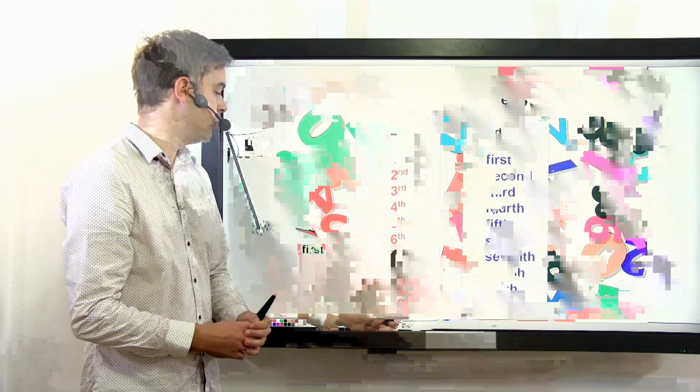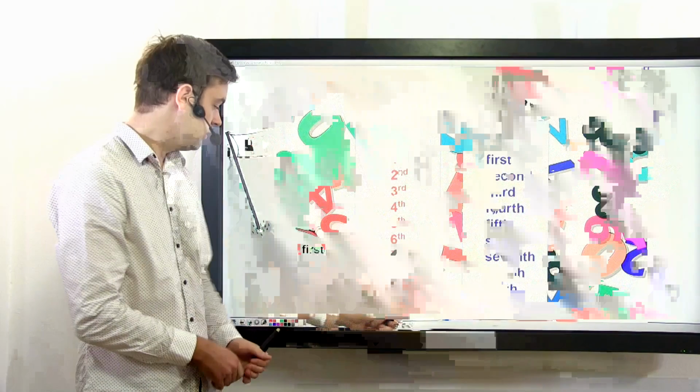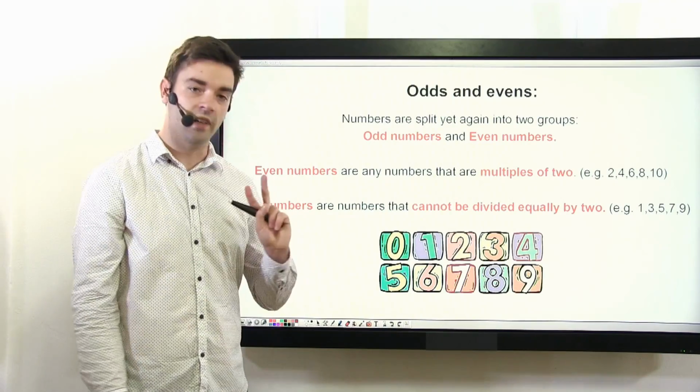So, when we're in a race, your position is given as an ordinal number. Numbers are also split into two again.